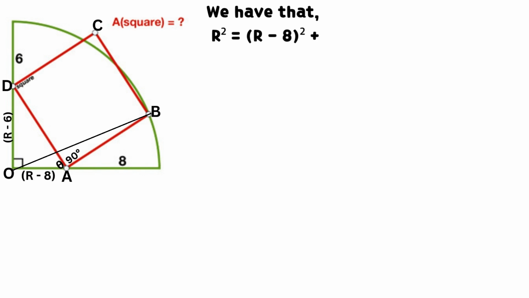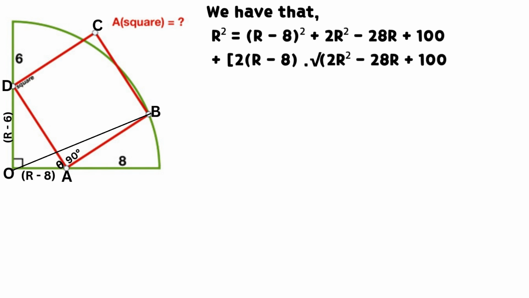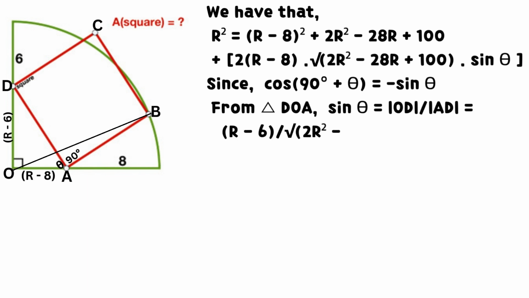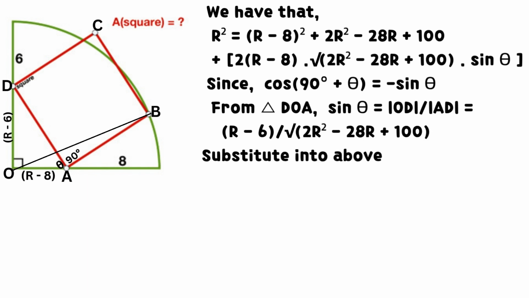We have that the square of R equals the sum of the square of R-8 and 2 times the square of R-28 times R plus 100, plus 2 times, in bracket, R-8 times the square root of 2 times the square of R-28 times R plus 100 times sine theta, since cosine of 90 degrees plus theta equals negative sine theta.